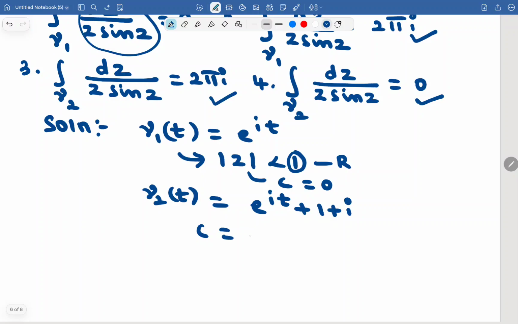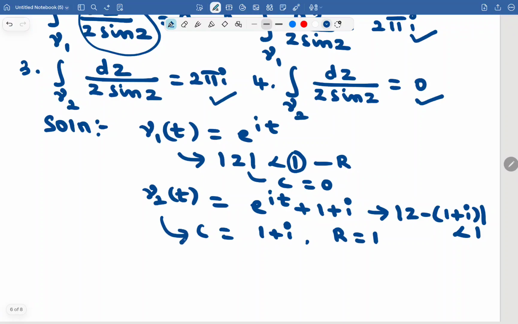Here we can write this as |z − (1 + i)| < 1. Center is 1 + i, radius is 1 for γ2. Here center is 0, radius is 1 for γ1. For γ2, center is 1 + i, radius is 1.